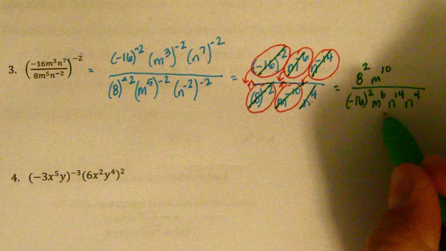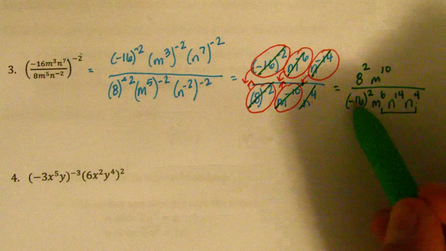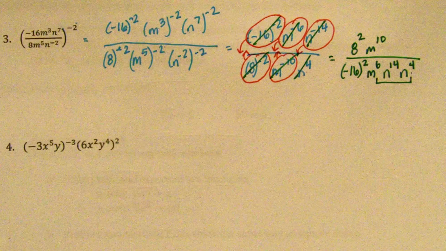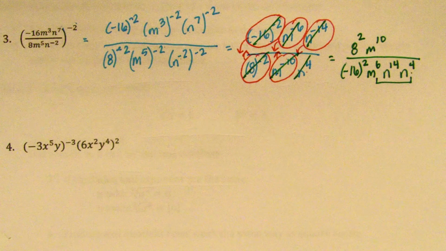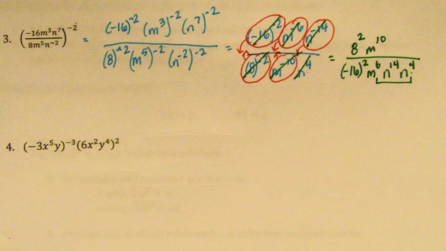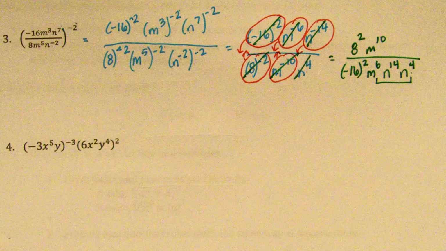From here, I need to combine the n's, I need to reduce the m's, and I need to reduce the 8 and the 16. Now, 8 squared is 64, and 16 squared is, I think, 256. Yep.